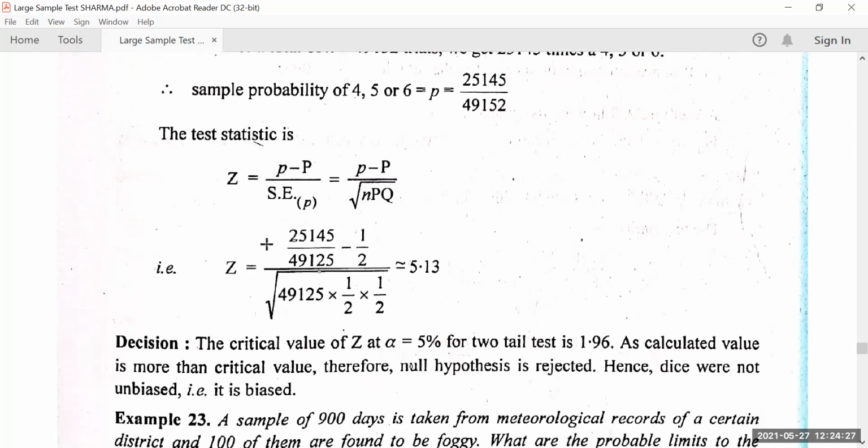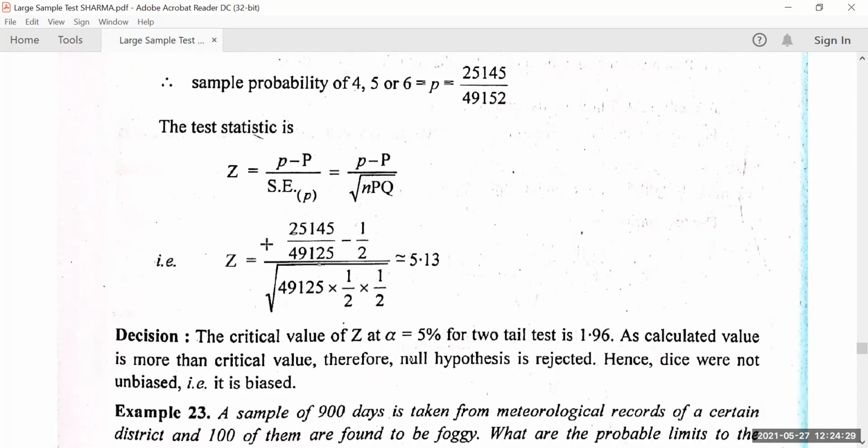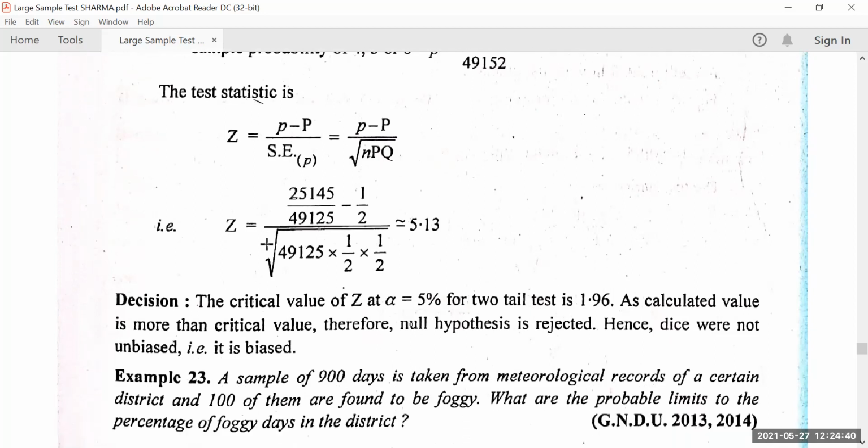You will get 5.13, a very big value. The critical value at 5%, two tail, is 1.96. It is very much more, so the null hypothesis is rejected.